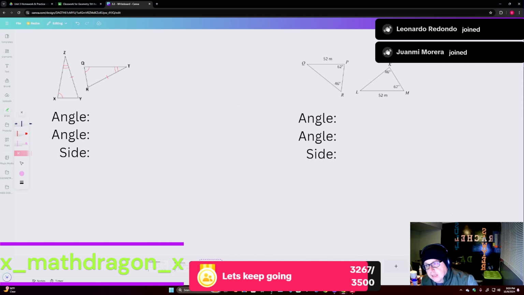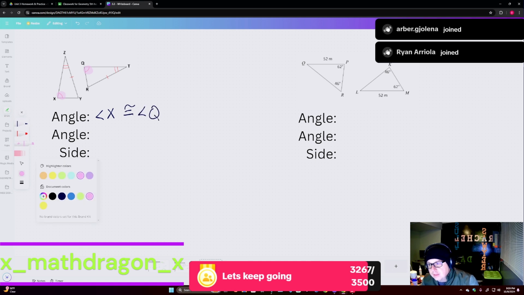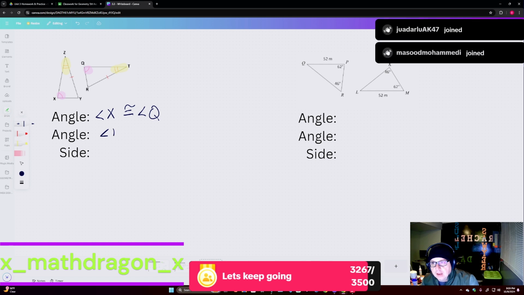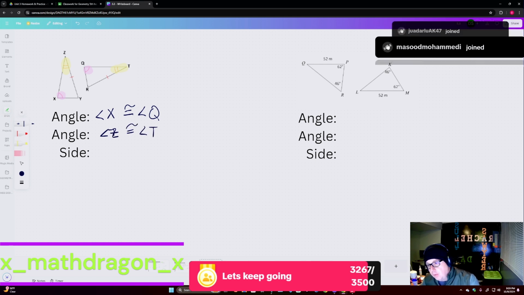So think about this then. If we have angle, angle, side, and angle, angle, side, you can rotate through it. See the first angle here is equal to the first angle there. So angle X is congruent to angle Q. And then the second angle is going to be angle Z congruent to angle T. And then we need a side.